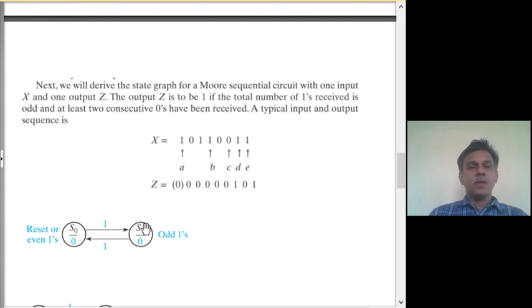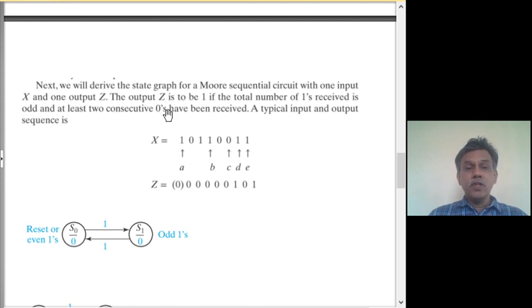Well, now we are looking for one more condition, 2 consecutive zeros. Suppose this condition has not yet occurred, then this is how the machine should behave. Because the condition has not yet occurred, we cannot output a 1, we should keep outputting only zeros.